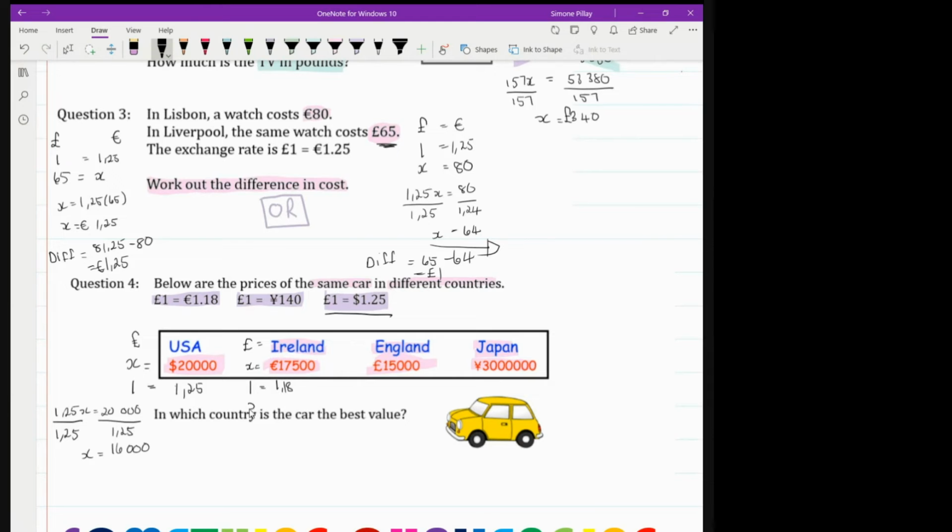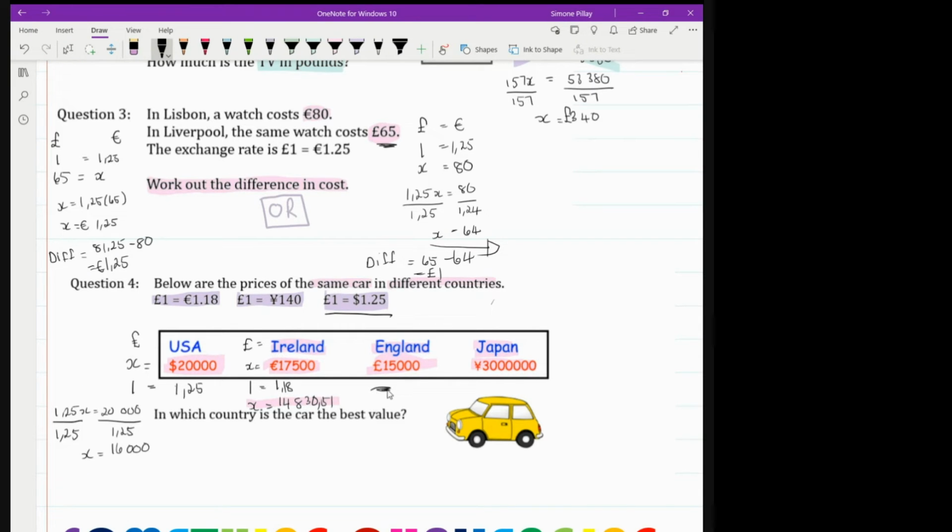To get our final answer, we are basically going to be dividing 17,500 by 1.18, and we're going to get 14,830.51. Now, I know I've skipped steps here, but I think we've done it enough times for you to understand how I got this answer. If you don't, be shy, raise your hand. I'll explain.